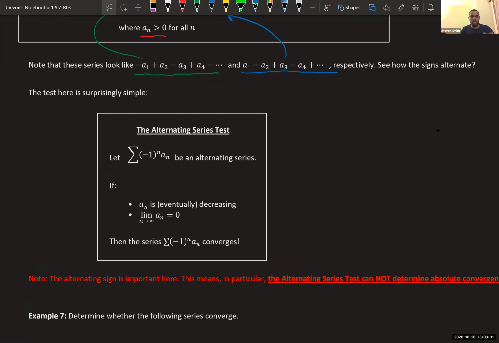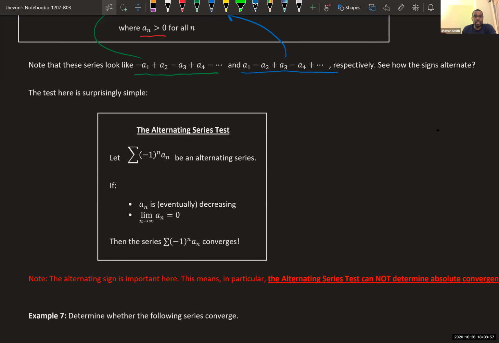An alternating series means the An terms are positive and then you're alternating signs. If An is eventually decreasing and the limit is 0, then the series converges. That's it. So if the limit approaches 0, the series converges. Not the series converges to 0. I'm talking about the limit of the sequence converges to 0.